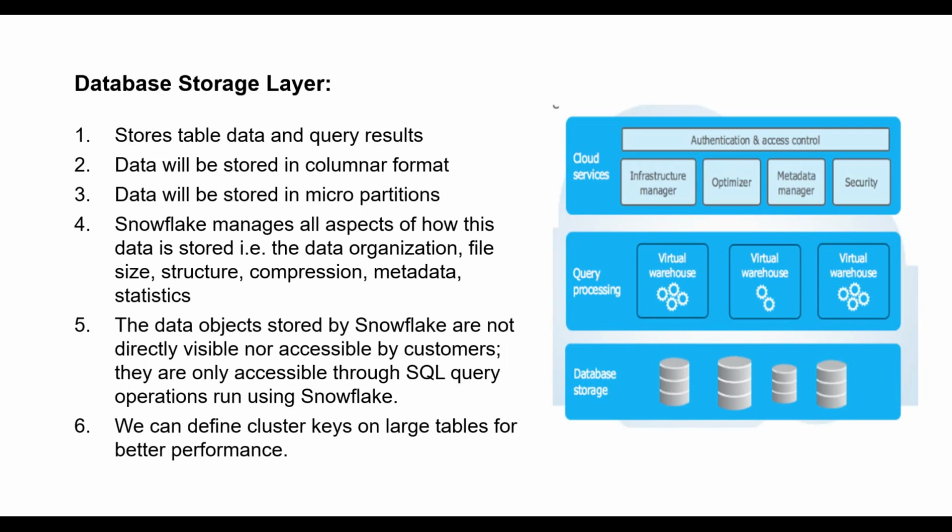Whenever you apply cluster keys, based on those keys the related data will be stored in one micro partition. Suppose I have a column called country, with multiple countries' customer data, and I define a cluster key on country. All the similar country data will be stored in one micro partition.